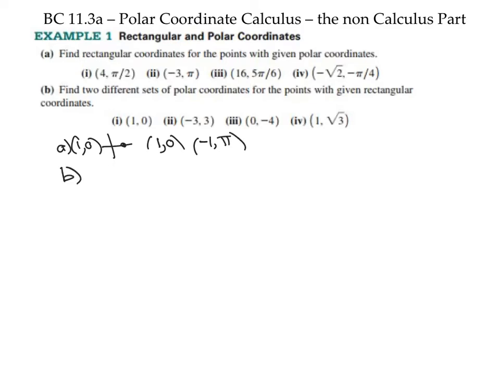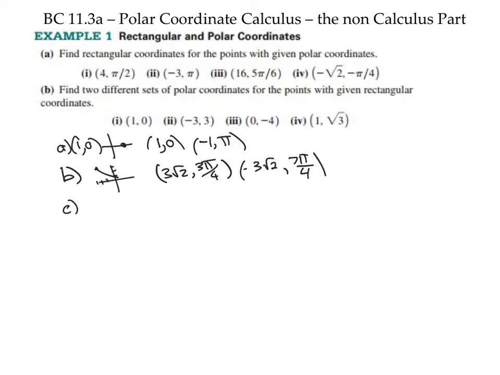For B, negative 3, 3. The radius is 3 root 2 in a direction of 3 pi over 4. Or, of course, I could do negative 3 root 2 from an angle of 7 pi over 4.